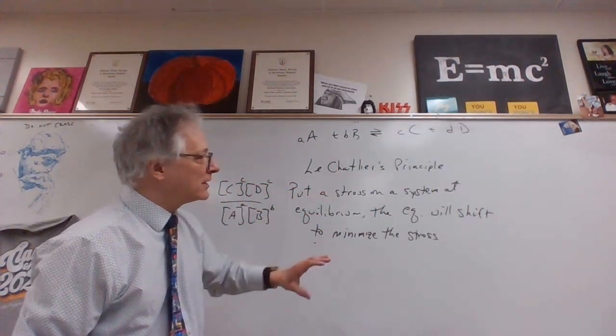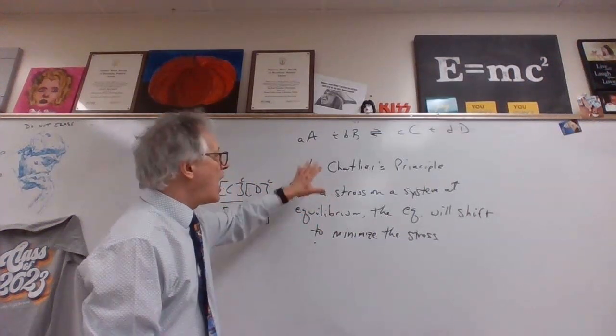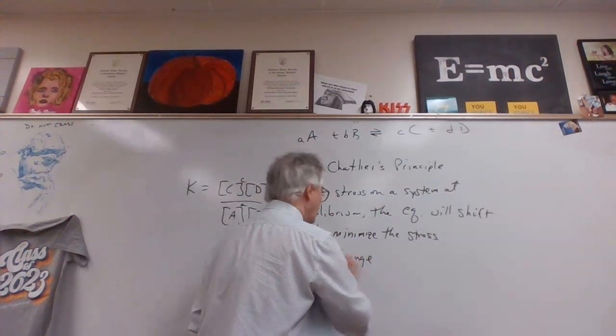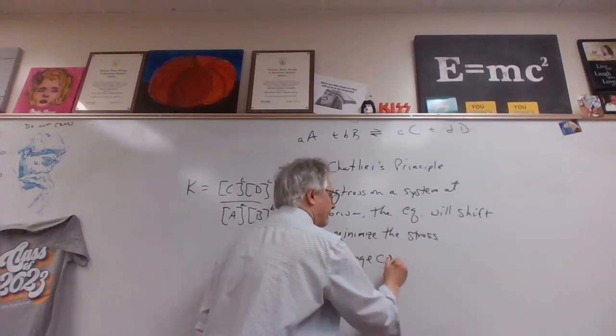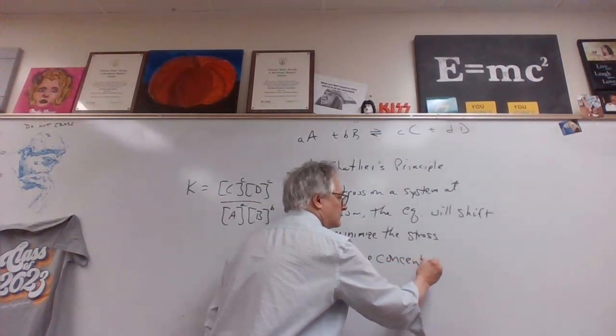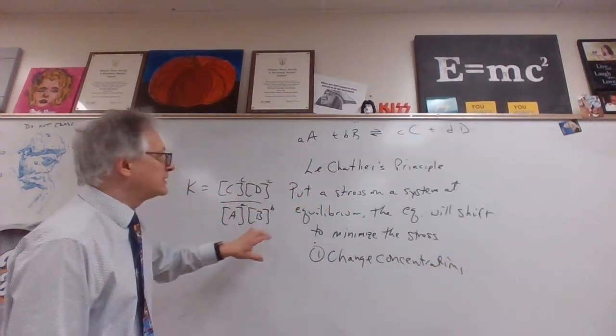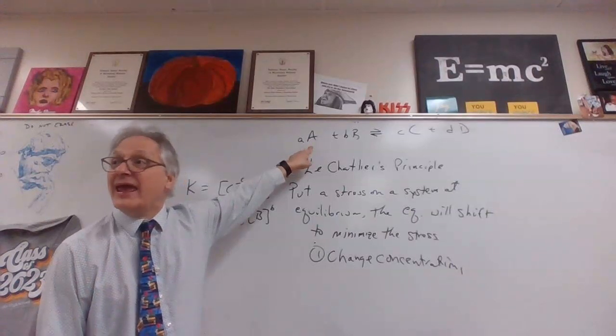Now, when I say put a stress on a system, what can I do? I can change concentrations. That's one way. So let's say, for example, I add more A to my system.